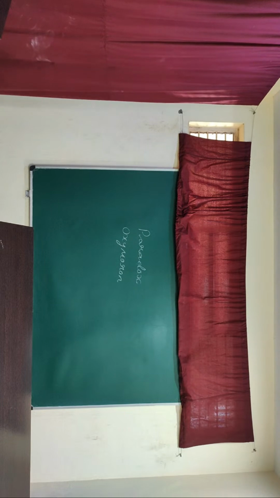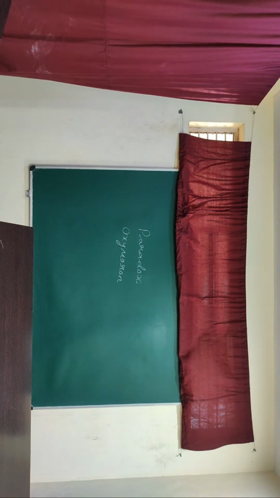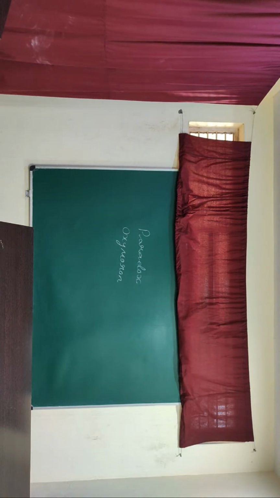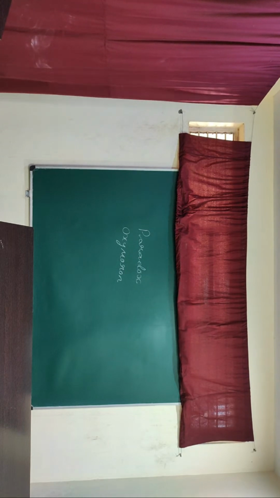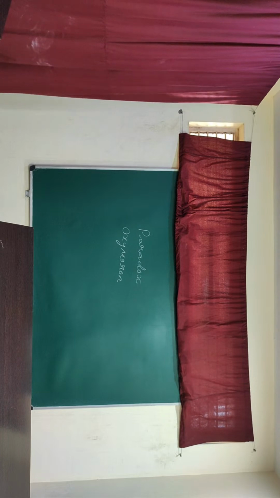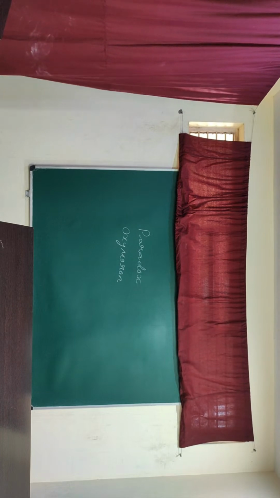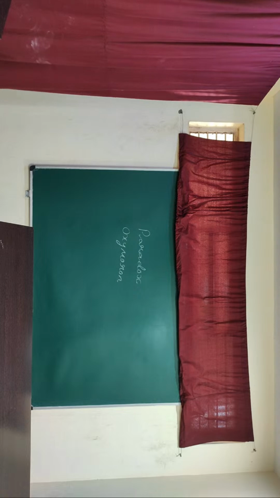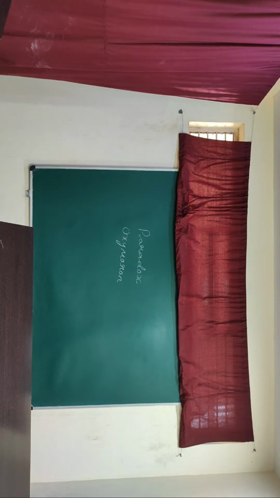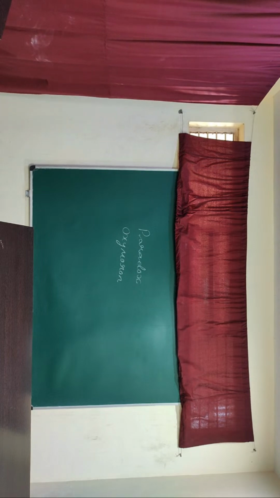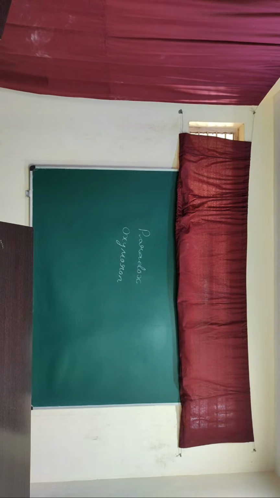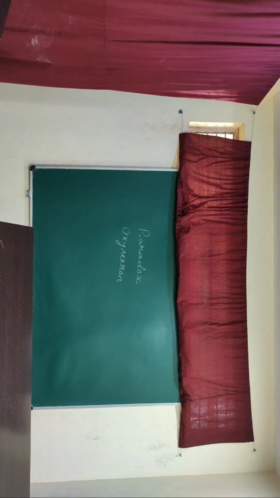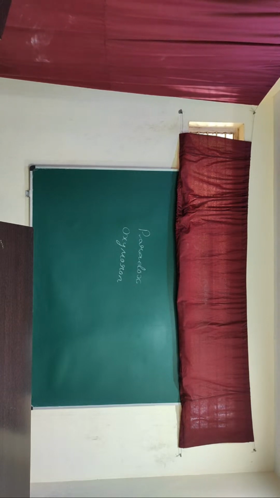Two things you are supposed to observe carefully. One is helping verbs. Second one is whether that is a positive statement or a negative statement. Shall we start with the first example for today's class?